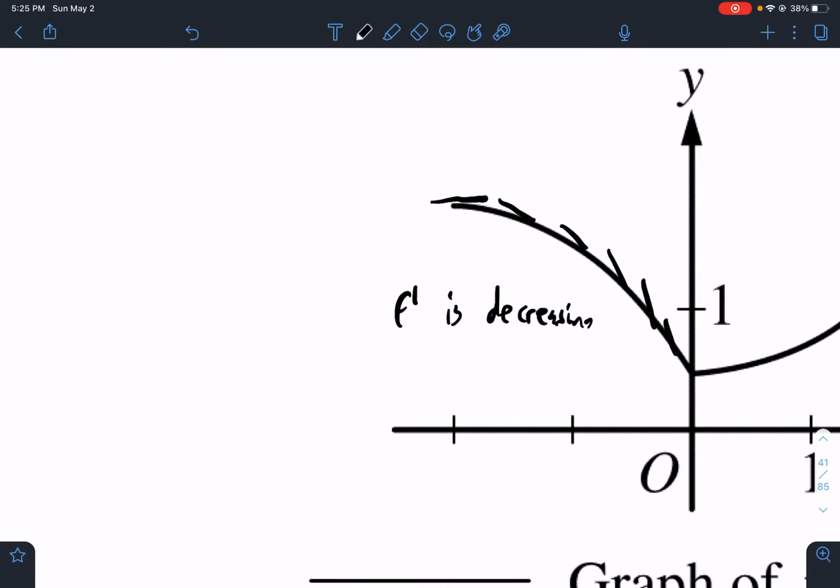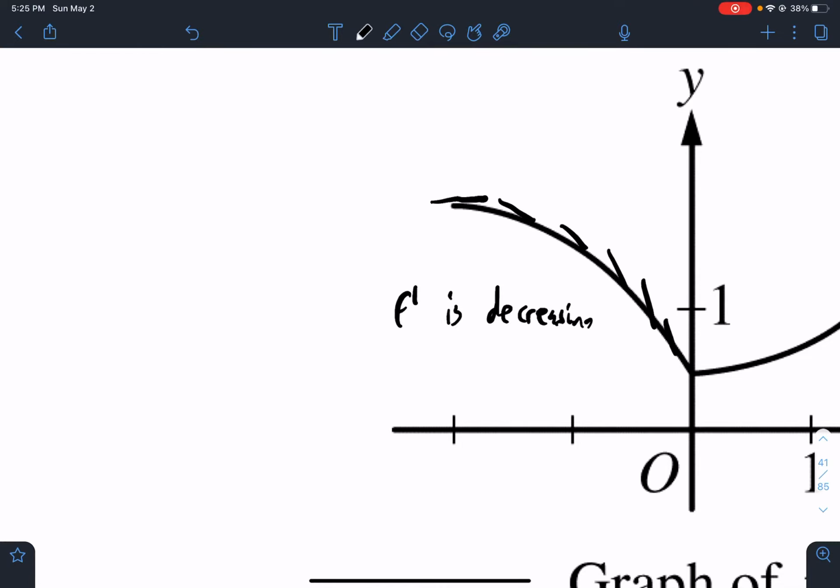But if we look at this side, the slope starts out at 0, and it increases. The slope gets steeper and steeper and steeper.